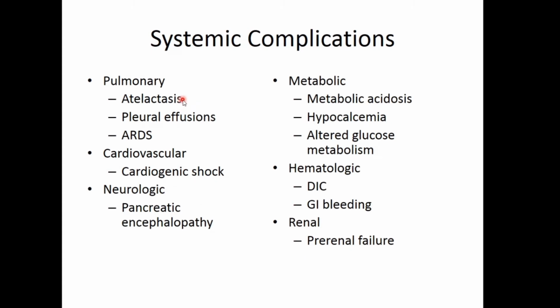So you can have atelectasis, you can have pleural effusion, and of course the worst case scenario would be ARDS. Pleural effusion is basically a collection of fluid in the pleural space. In ARDS you also have fluid collection, but the classical fluid collection is not in the pleural space, it is in the interstitial space.